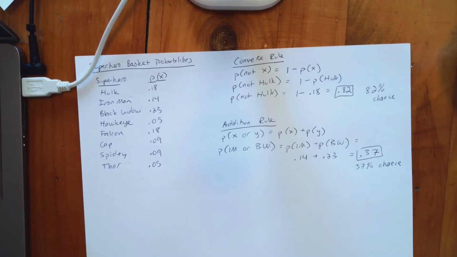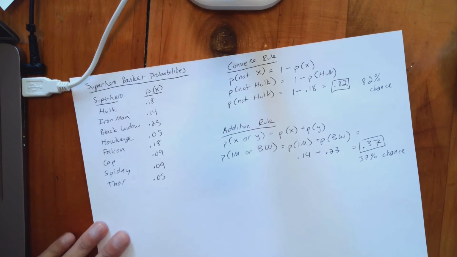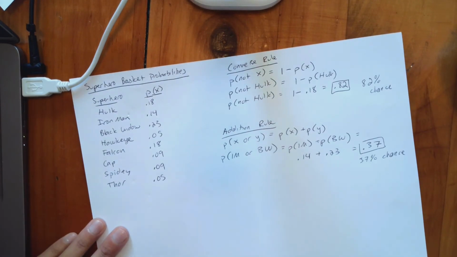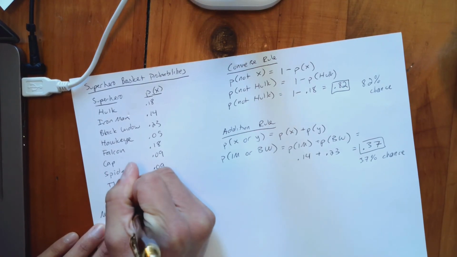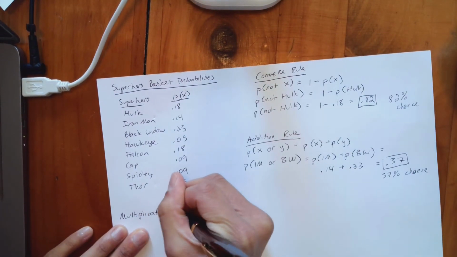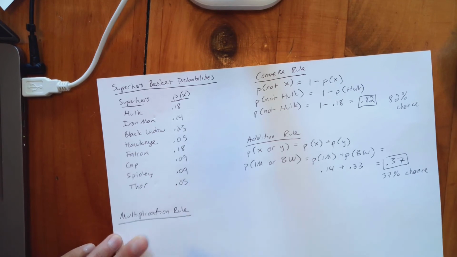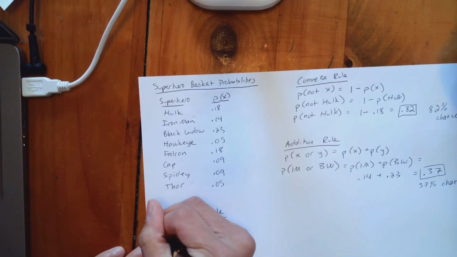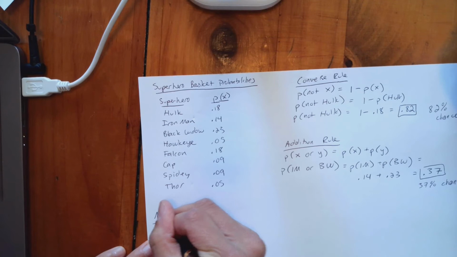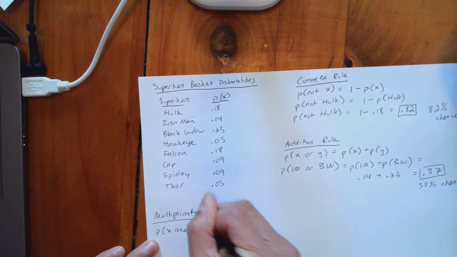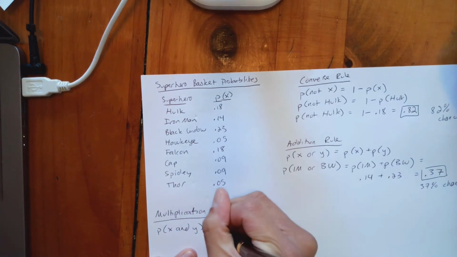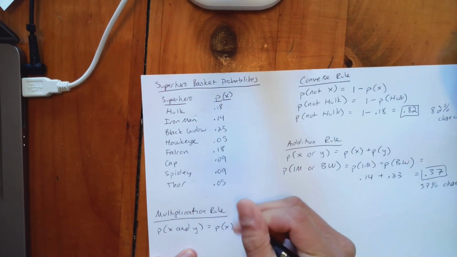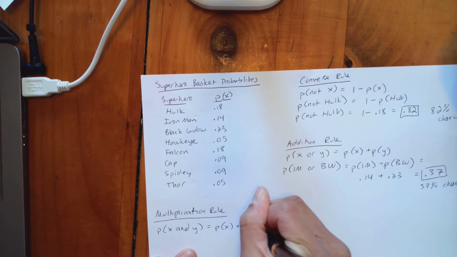For the multiplication rule, we're going to be finding the probability of getting x and y as outcomes across two different events. We do this by multiplying the probability of x times the probability of y.